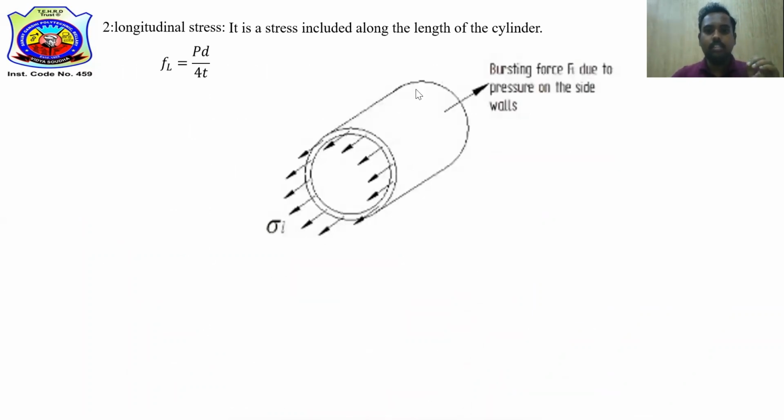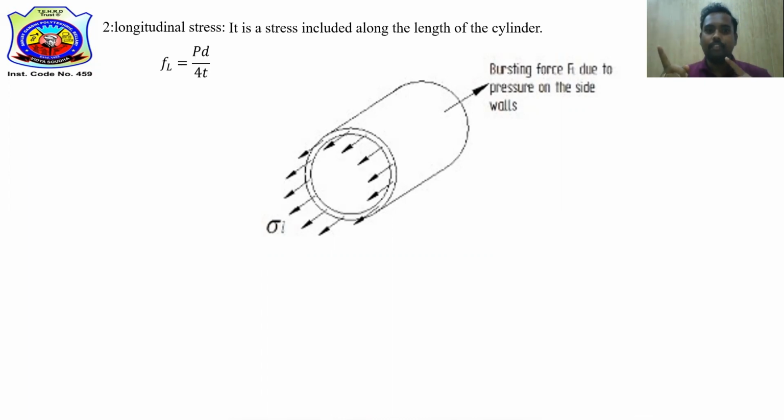See students, this is the cylinder and this is the length. Along the length, the stress is acting, so that is called longitudinal stress. The formula becomes fL equals PD by 4t, while the other formula is fH equals PD by 2t.